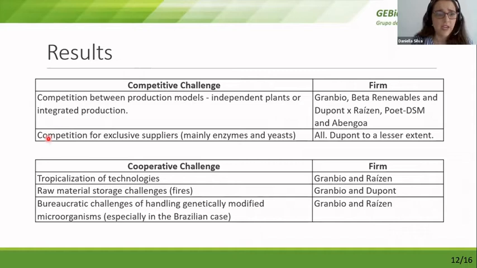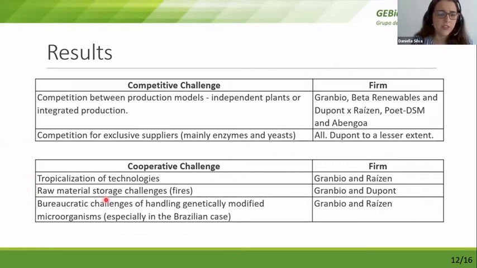We also have a kind of competition for exclusive suppliers, mainly for enzymes and yeasts. As an example of a cooperative challenge, we have the tropicalization of technology, mostly by the Brazilian companies.